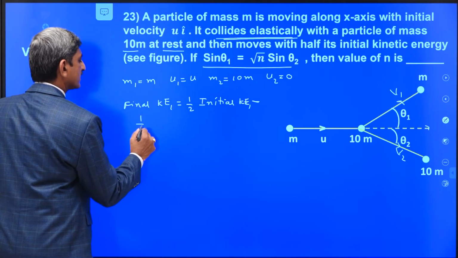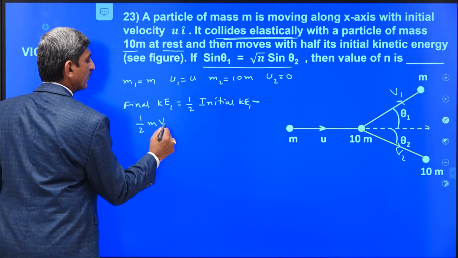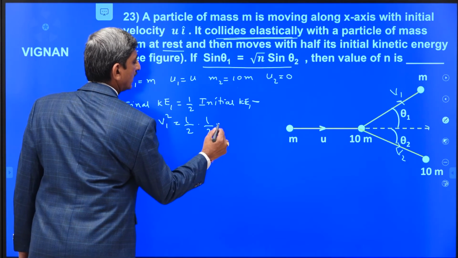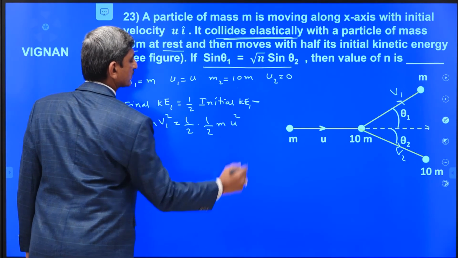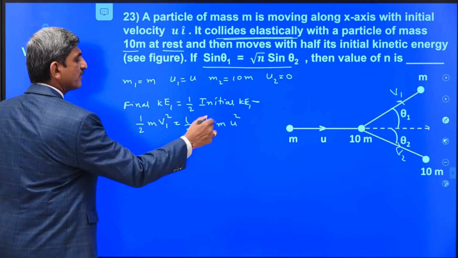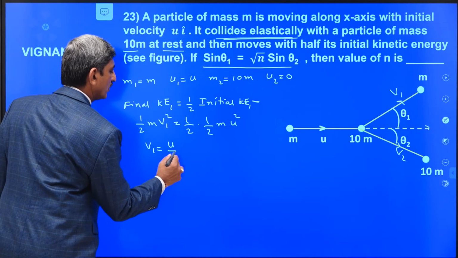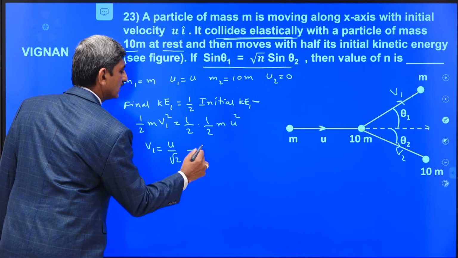So we can write it as half m v1 square is equal to half into half m u square. So half m cancelled, and from this we have v1 is equal to u by root 2. This is equation number 1.